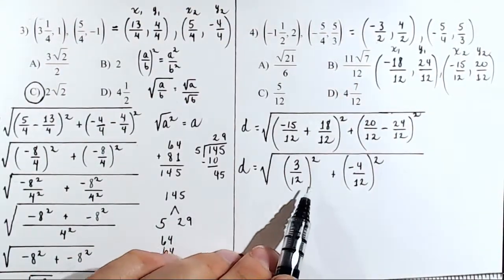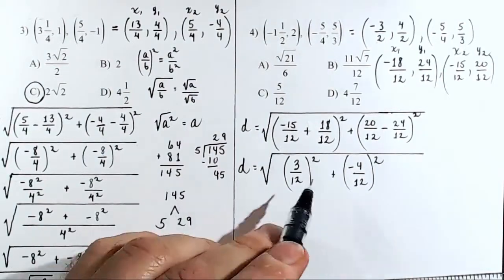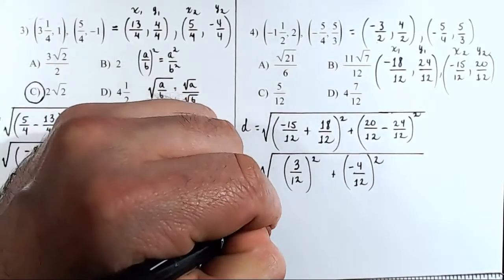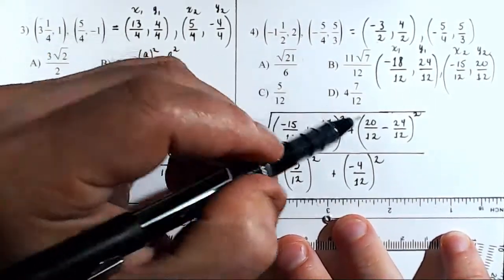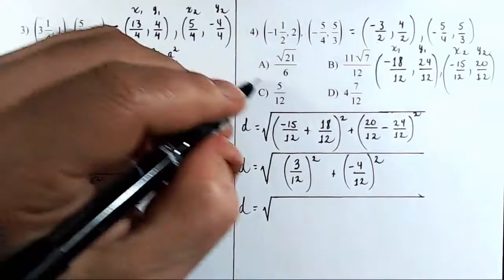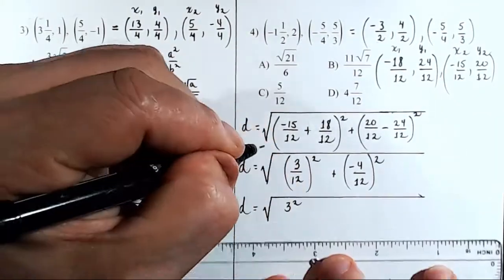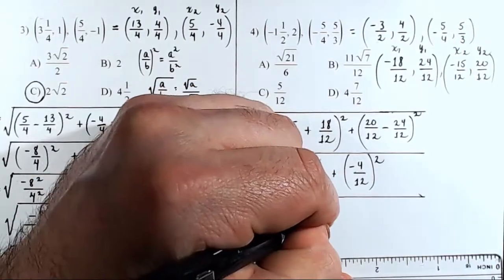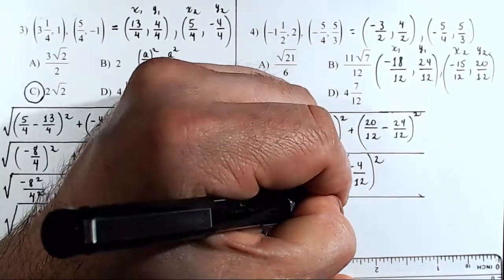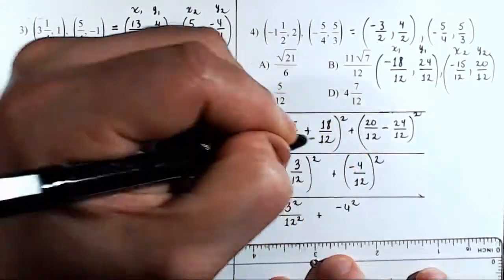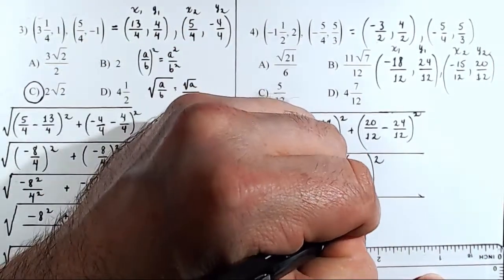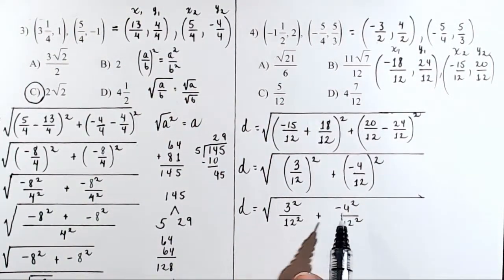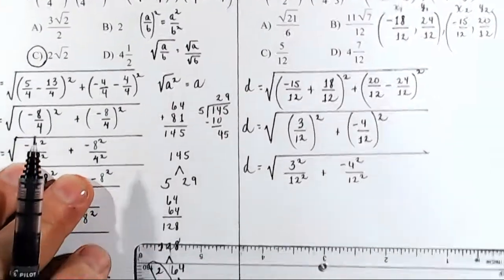And now I can bring these squared terms down and distribute them inside the parentheses. So d is equal to the square root of 3 squared over 12 squared plus negative 4 squared over 12 squared. Of course, I can now say 3 squared plus 4 squared over 12 squared.